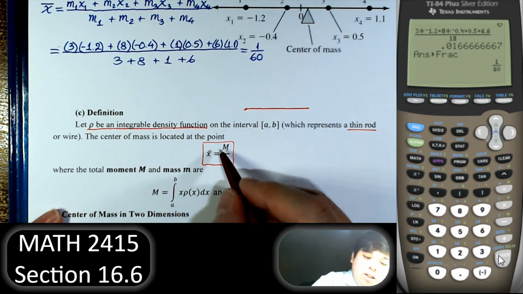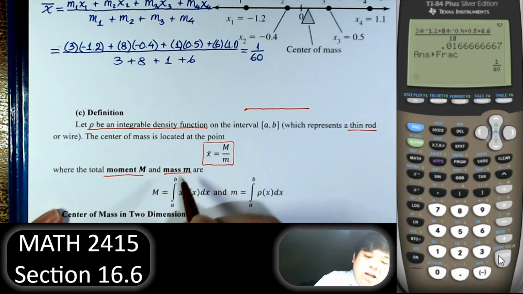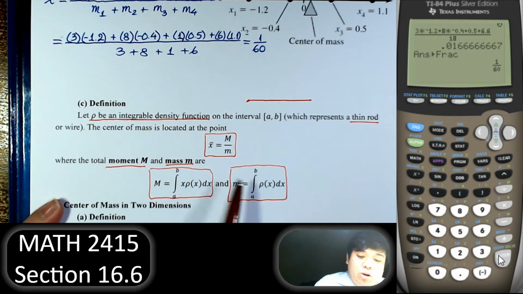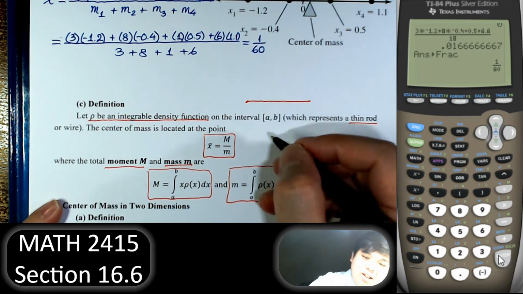So the moment M and the mass m. The only difference between this formula is that the moment has the distance times it. So just a little physics.